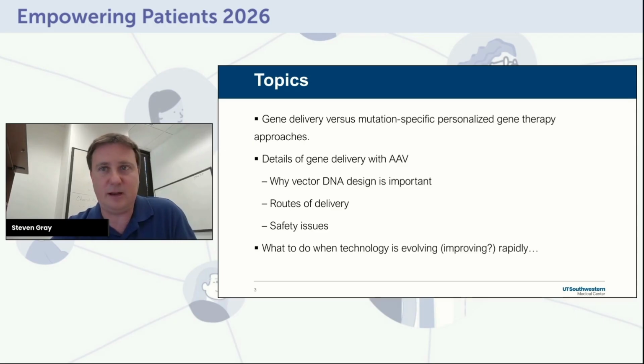And then what I want to end up at the end to cover just quickly is how do you approach the evolving technology landscape? So do you go with the tried and true that we have right now, or do you bank on newer technology that looks really exciting but may or may not be ready for prime time?